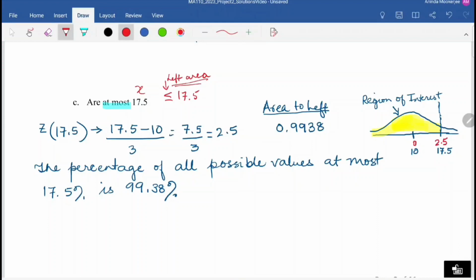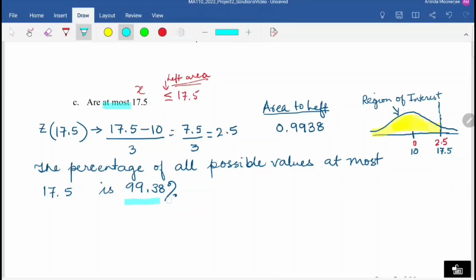All right, you just have to convert 0.9938 to percentage form by multiplying by 100. The percentage of all possible values that are at most 17.5. Now let me correct this. Should be the values at most 17.5 is 99.38%.